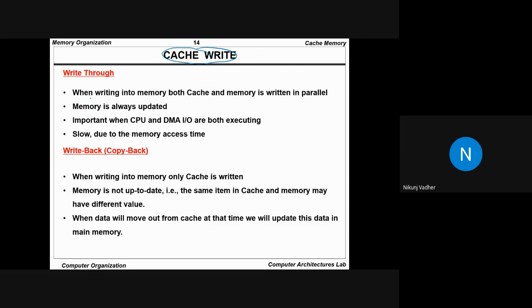So the value is immediately reflected in both cache memory and primary memory. This is slow because of the memory access time. But the advantage is that if that same memory is shared with some other process, then that process will receive the updated value.